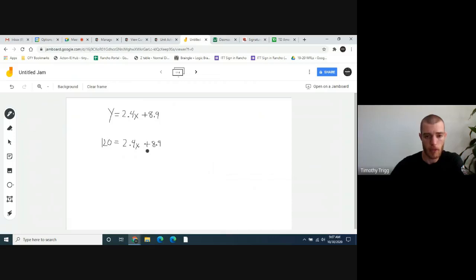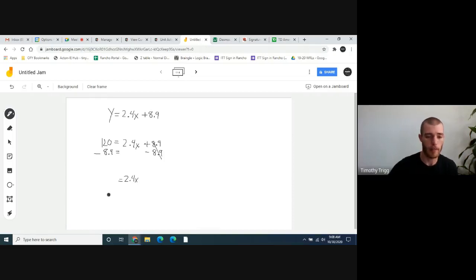Okay, so I'm going to subtract 8.9 from both sides. So on the right side, we have 2.4x. On the left, we have 120 minus 8.9. Got my calculator here.